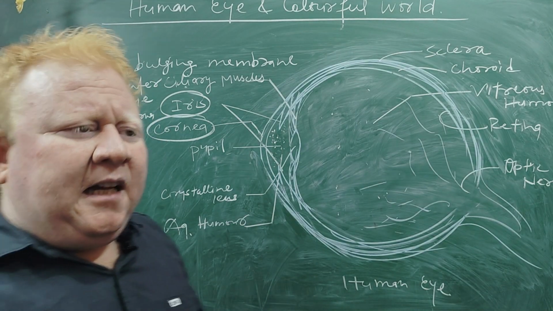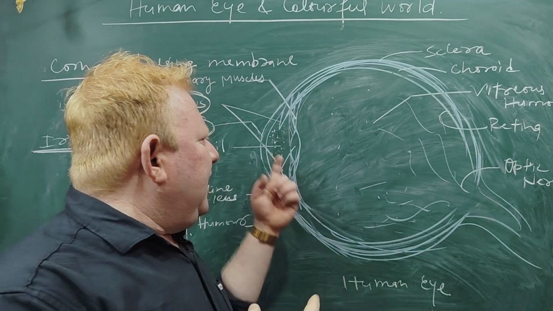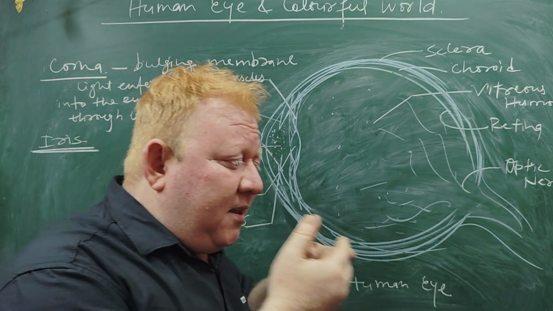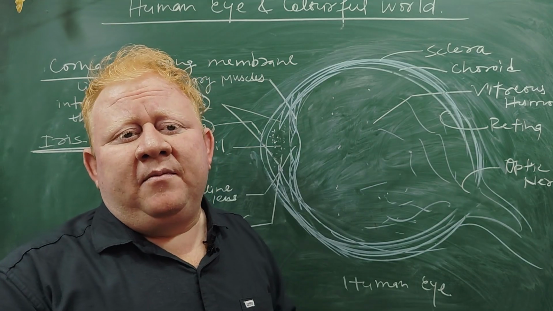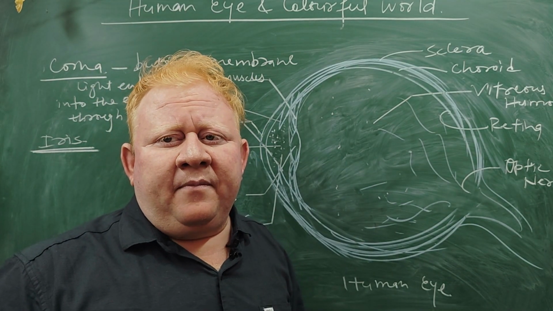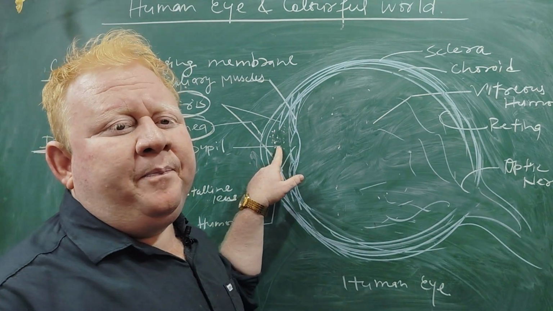In the evening, we strain our eye to open up this pupil so that things would be visible to us. In the evening also, things are not visible properly. That is due to this iris and pupil.